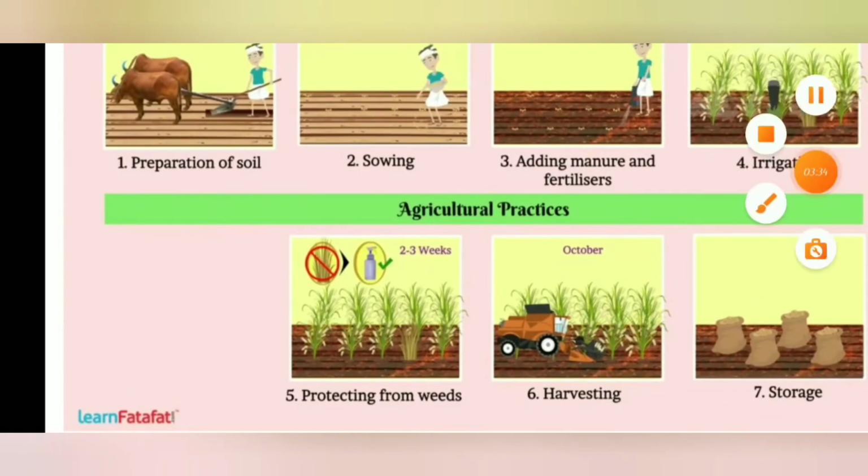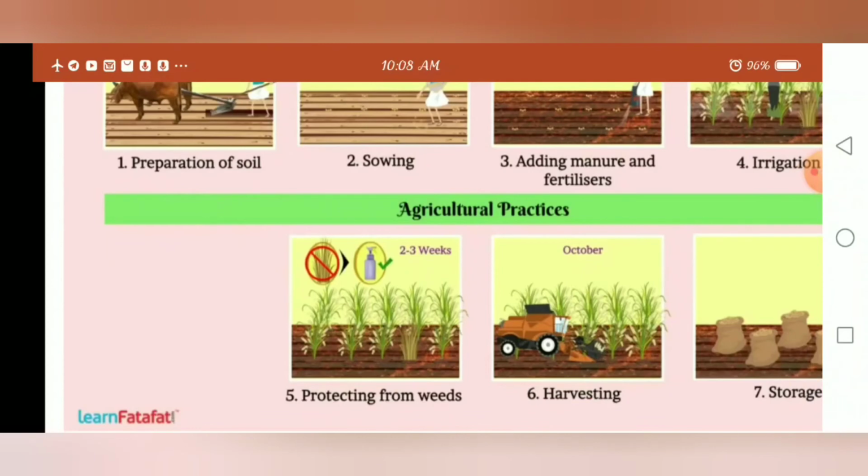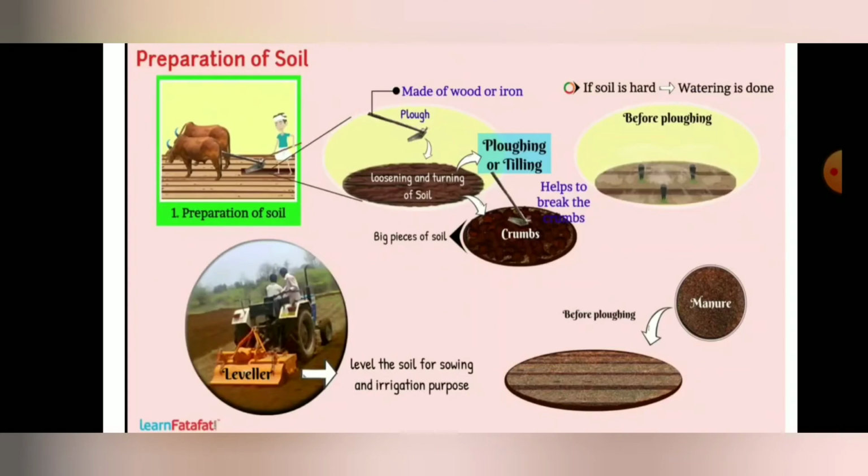Then harvesting. The last one is storage. Along with the diagrams, the steps involved in agricultural practices are given. Among them we will discuss the first one, preparation of the soil.